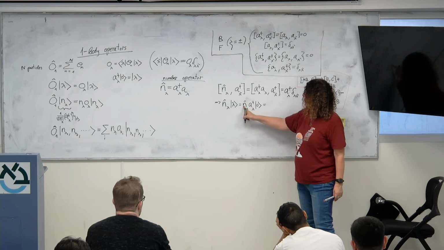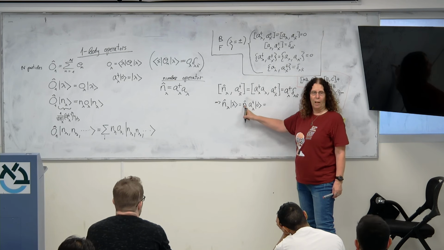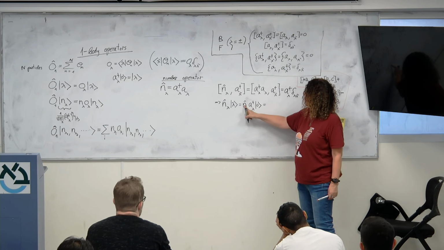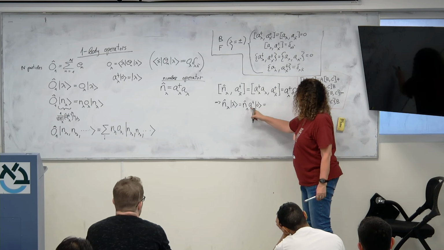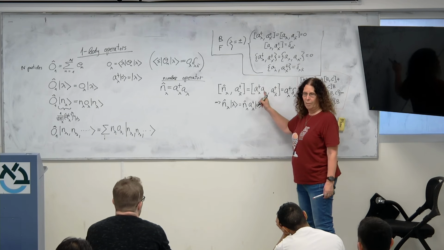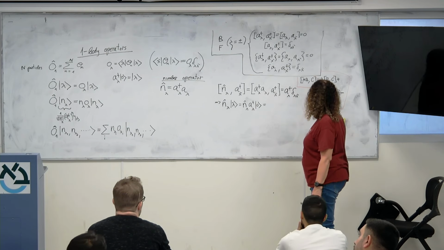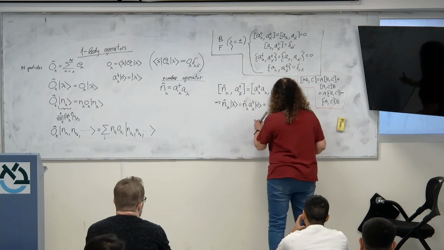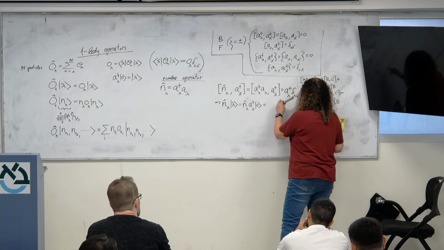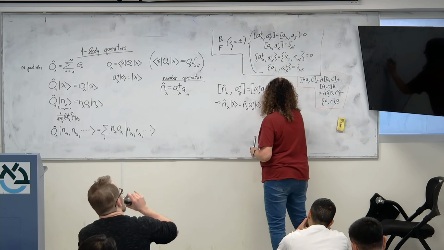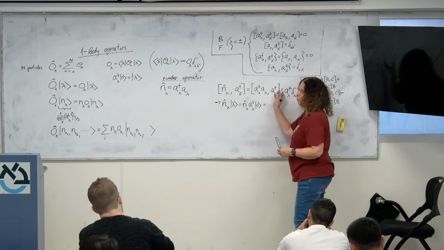If I write n_λ again as a† a, I see that I can use this commutator to write it as a_λ† plus something that exchanges the two.